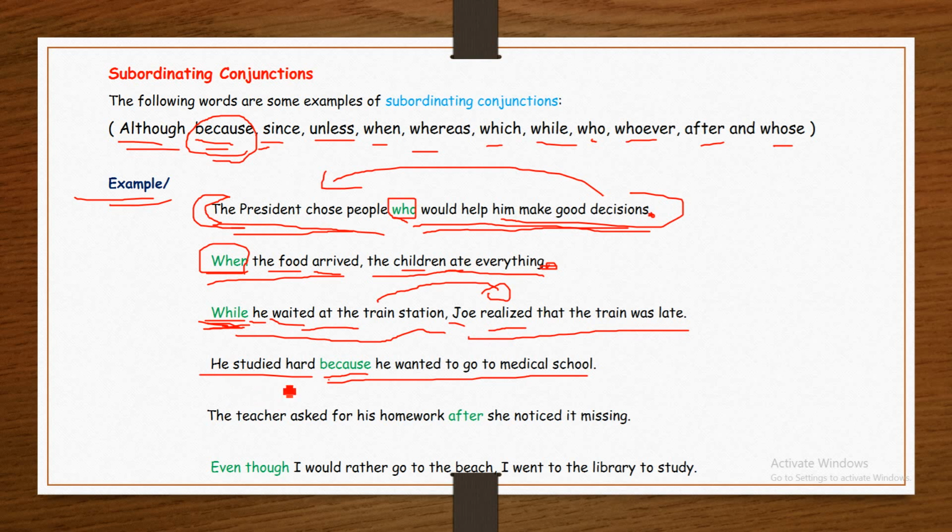How do you know this is the independent clause? Because it doesn't contain a subordinating conjunction. Because he wanted to go to medical school is a dependent clause and does not form a complete thought. But the independent clause forms a complete thought.